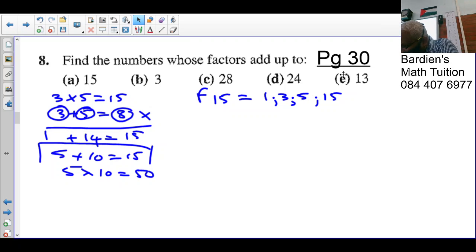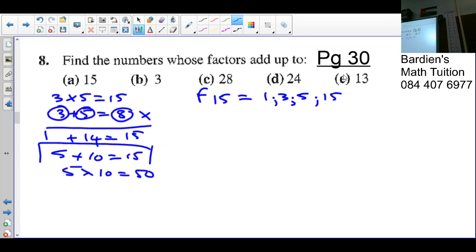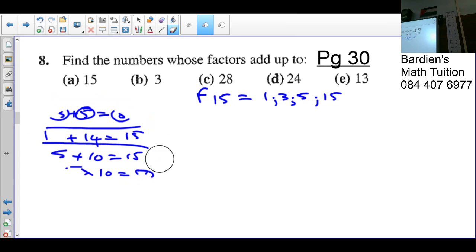I think what it means is that whatever factor, for example 8, the factors of 8 are 1, 2, 4 and 8. So if you add them all up, it equals 15. Okay, say again. So this understanding is not right? No. Okay, so take this out.